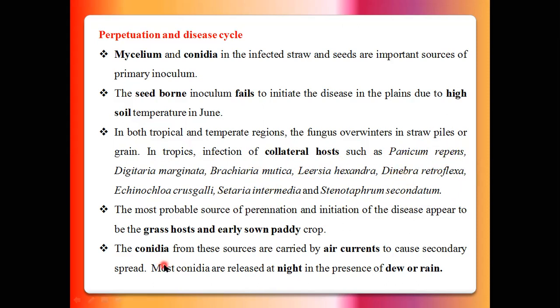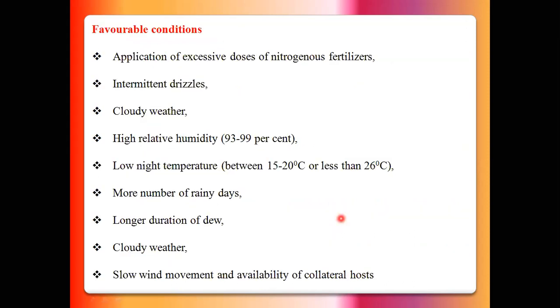Then secondary infection always takes place through conidia, spread through wind or air currents. So this is the perpetuation and disease cycle of the Pyricularia oryzae pathogen.